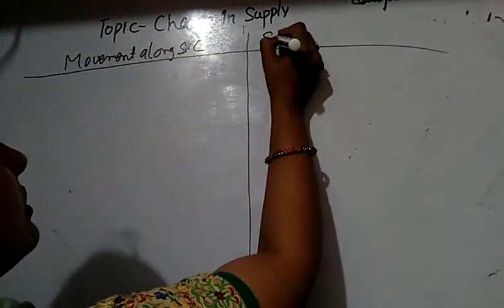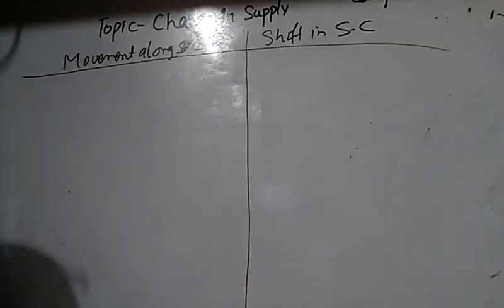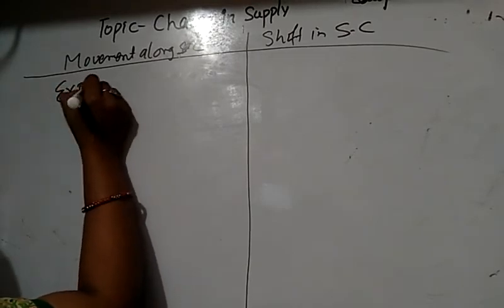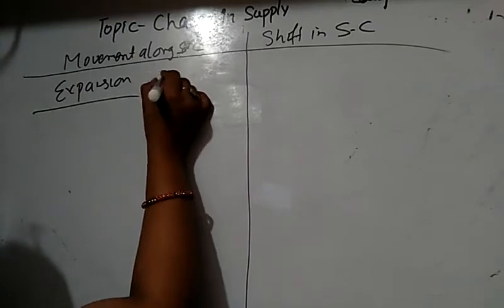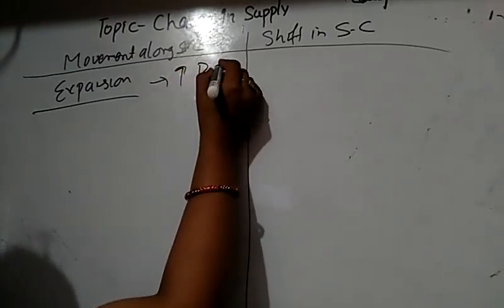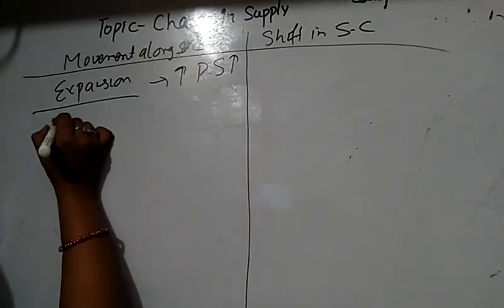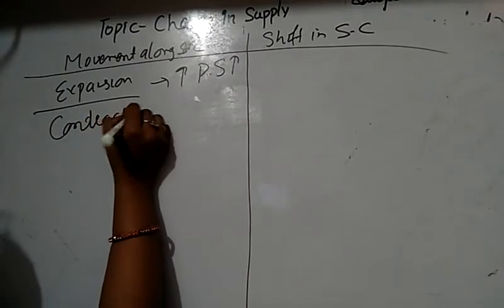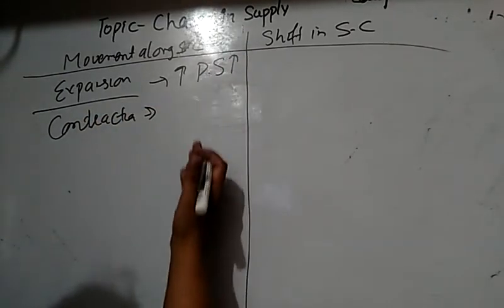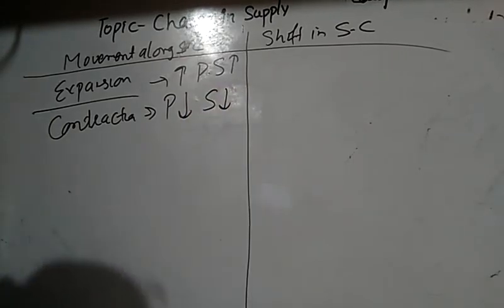In movement, we first discuss the expansion of supply, which is due to an increase in price. This is the reason that supply also increases. After that, contraction: the price decreases, so supply is also decreased.